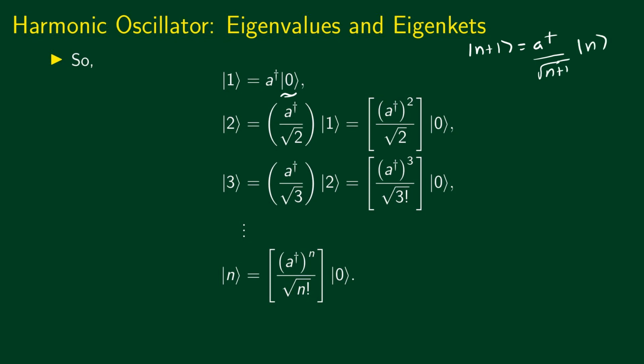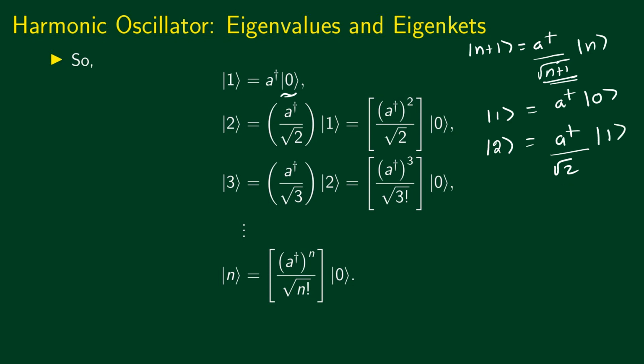So ket 1, if you take n equal to 0, is a dagger divided by square root of 1, which is simply 1, so a dagger acting on ket 0. We can find ket 2 as a dagger divided by square root of 2 acting on ket 1.